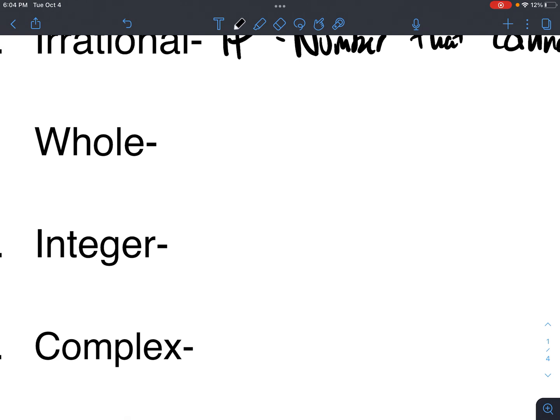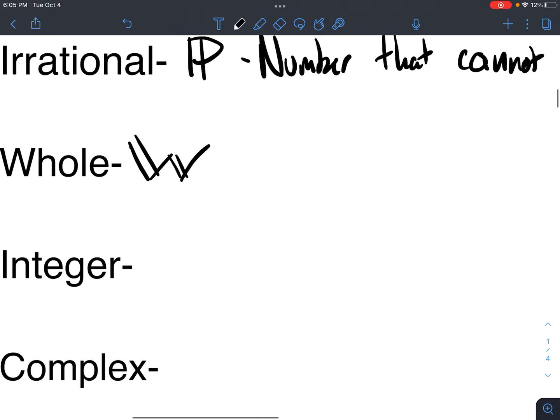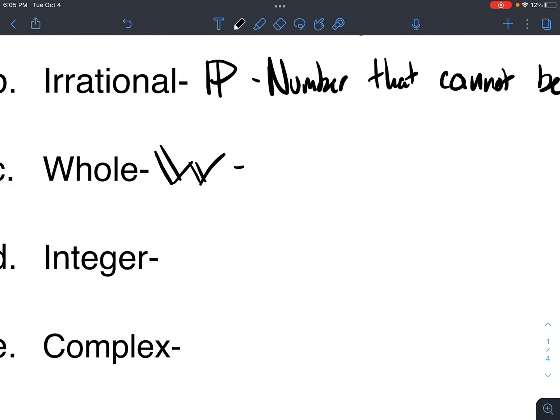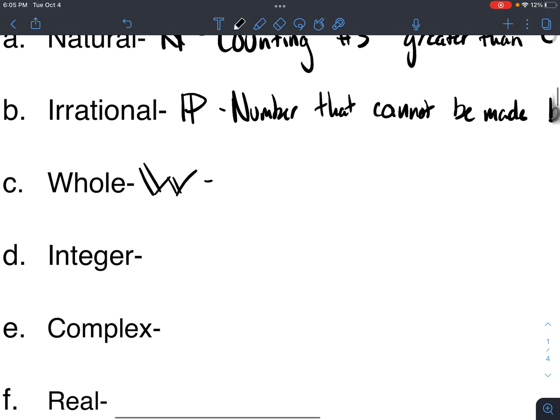A whole number. This is a W. I believe it's like this. So it's like on the left, or I don't know, on the downstrokes it's just like a double letter.